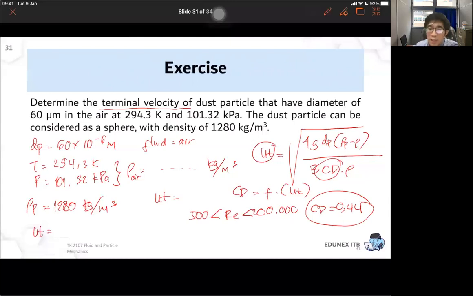How much is the UT in meter per second? First, please calculate the density of the air in this condition. Please do the calculation if you haven't done the calculation. Or has anyone already calculated?